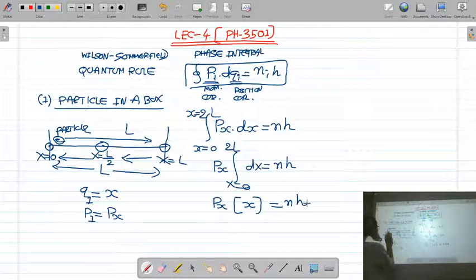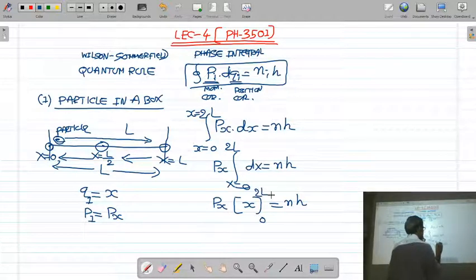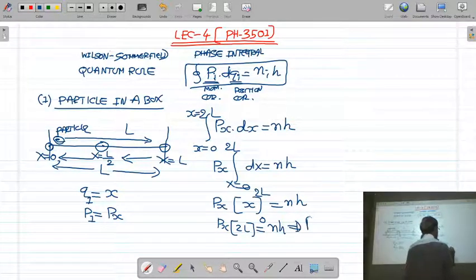The limit of x is when the particle starts its motion, x is 0. When it completes one motion, it traverses distance L to and distance L fro, so the total distance will be 2L. So 0 to 2L. So px into 2L is equal to nh. So px is equal to nh upon 2L.